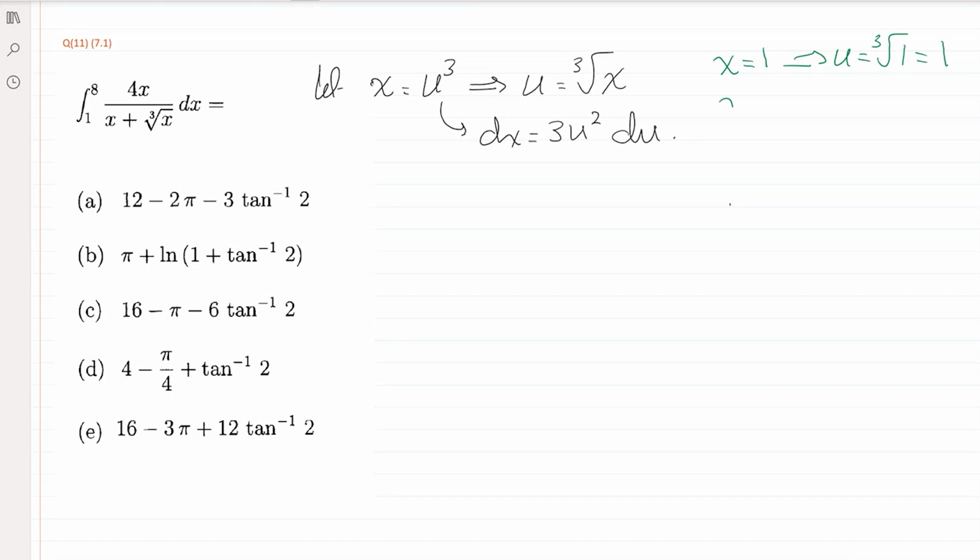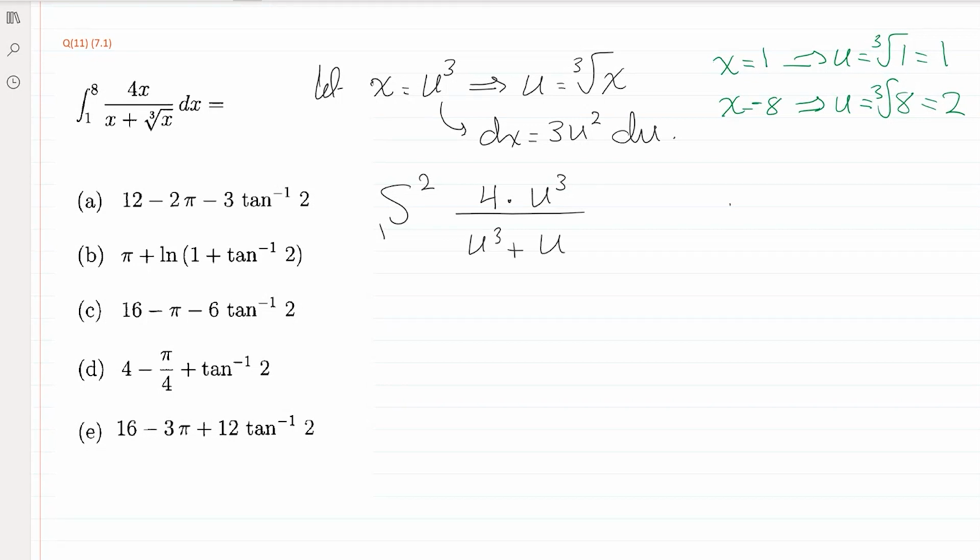And if x equals 8, then u equals cube root of 8, which is 2. So the integral now becomes the integral from 1 to 8 of 4x, but x is u cube, over u cube plus cube root of x, which is u, dx.